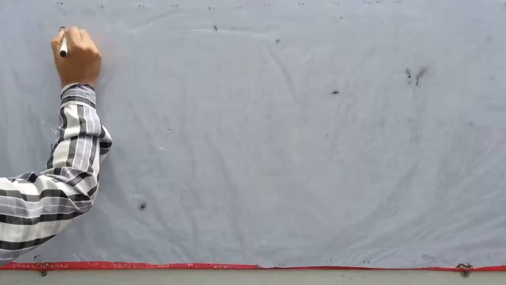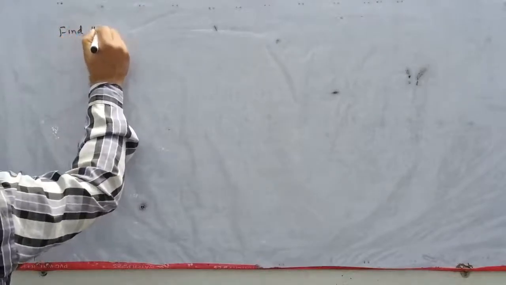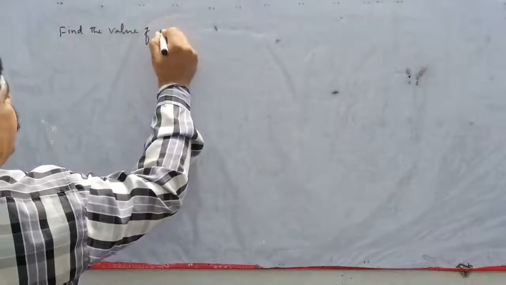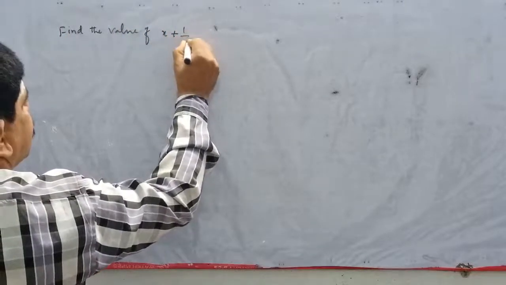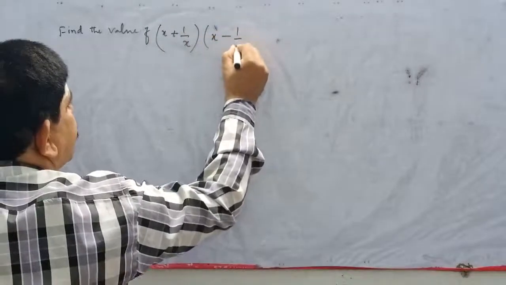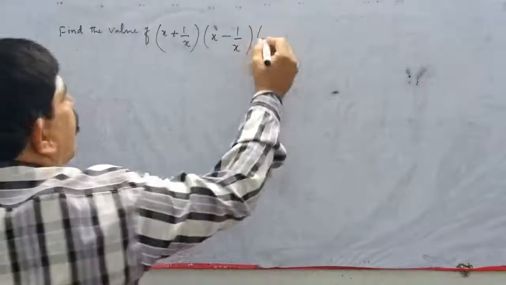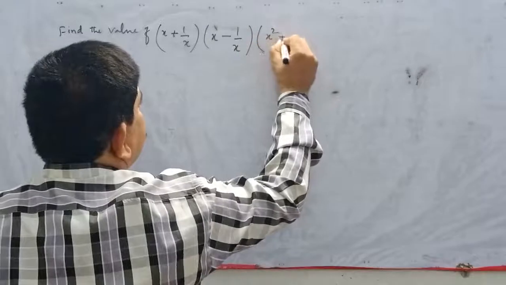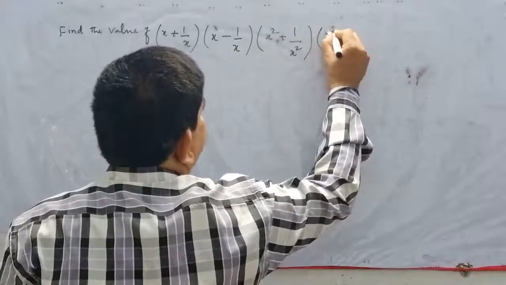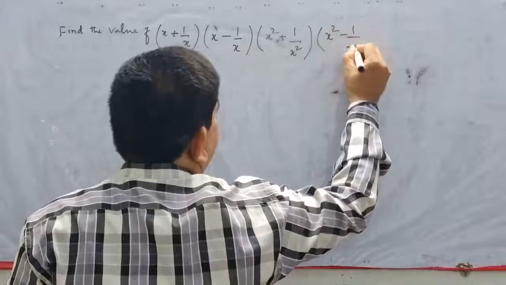Find the value of (x plus 1 by x) into (x minus 1 by x) into (x square plus 1 by x square) into (x square minus 1 by x square).